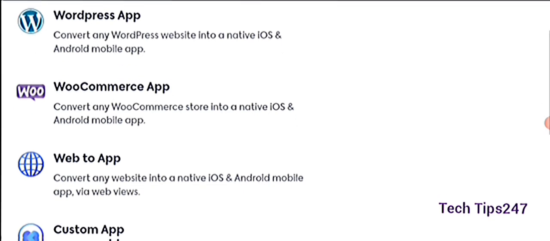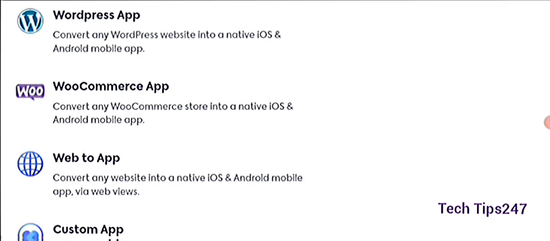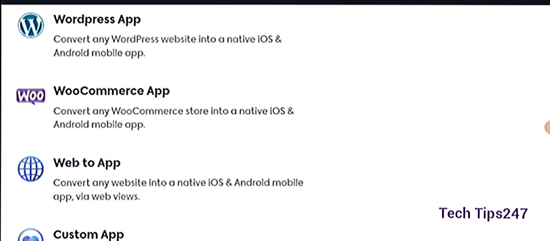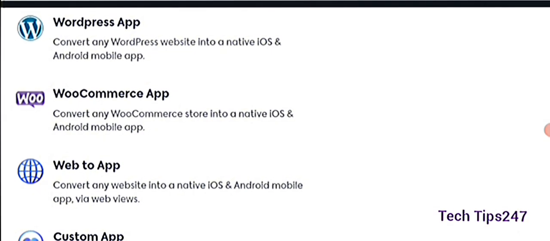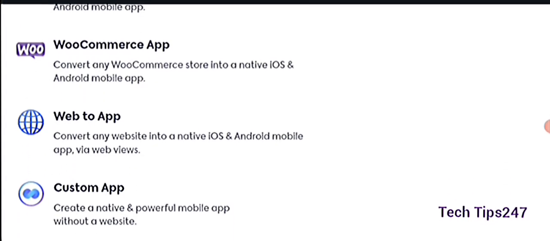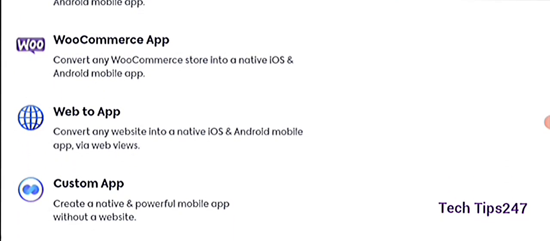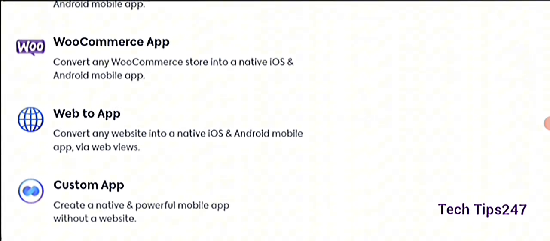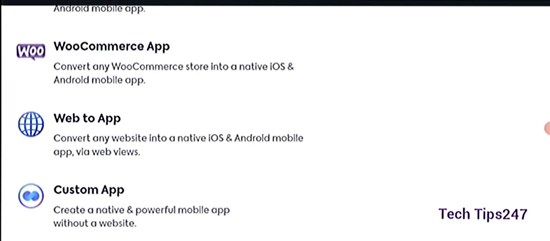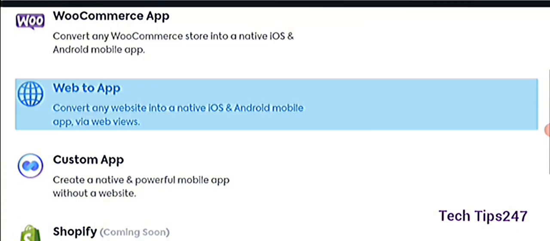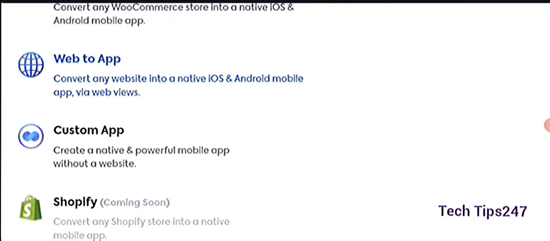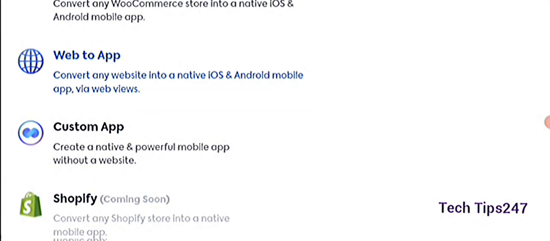You can also convert any WooCommerce store into a native iOS and Android mobile app. You can also convert any website into a native iOS and Android mobile app via web views. You can also create a native and powerful mobile app without a website.